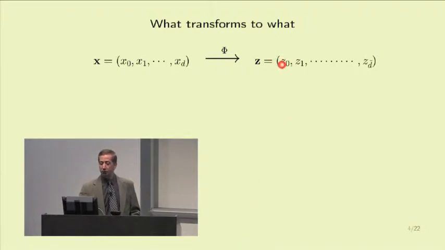Each of these coordinates, let's say z1, is a potentially nonlinear function of all of the x's, so of the entire vector x. So for example, this could be x1, x2, e to the x3. The next one would be 1 over x2 times x3 cubed, whatever it is. And you can go on and on, and there is really no limit.